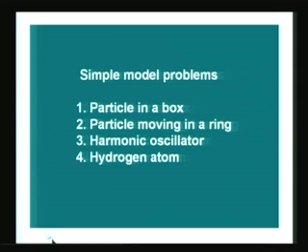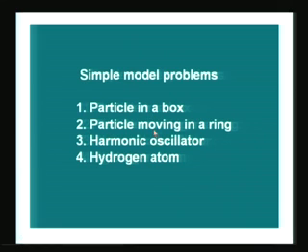What are the various systems? We will have four models. The first model is the most elementary, called the particle in a box. This is the simplest Schrodinger equation that you can solve, a one dimensional system.